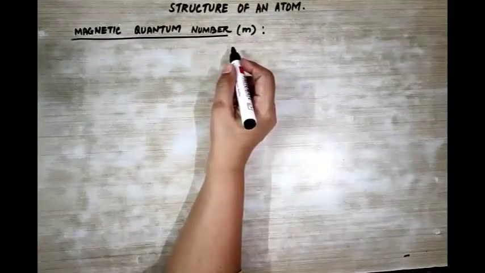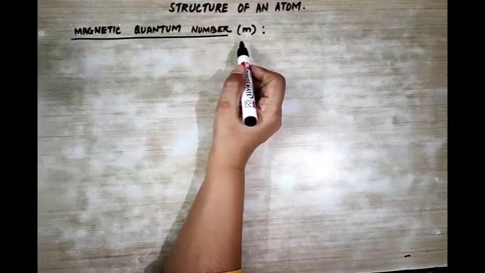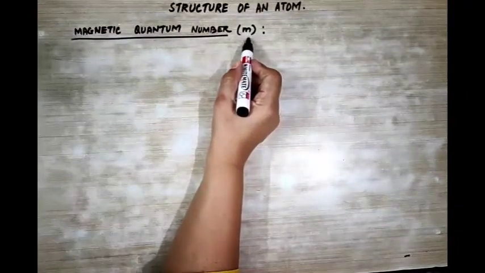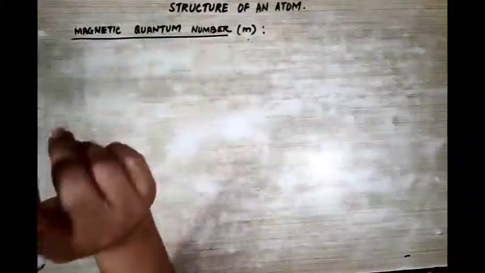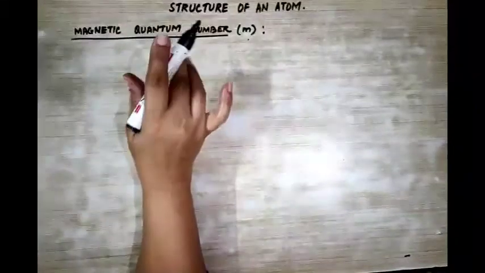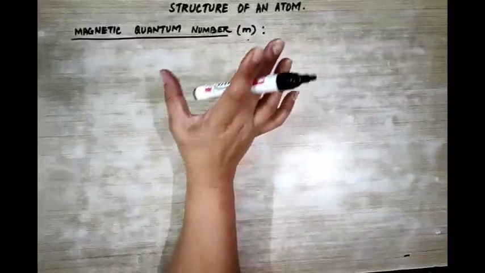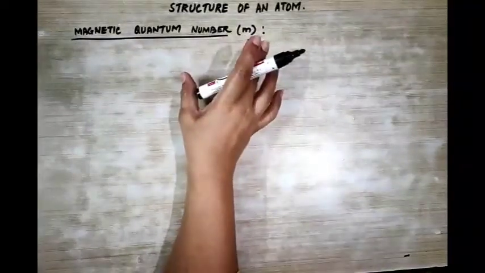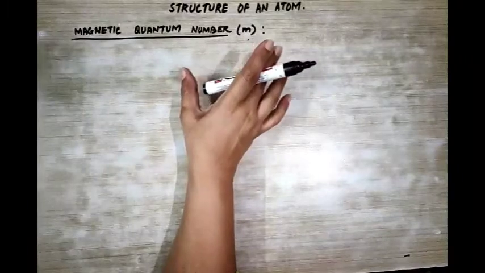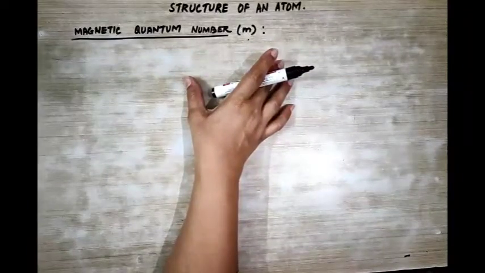This magnetic quantum number is designated by the symbol m, to explain the splitting of a single spectral line into a number of closely spaced lines in the presence of a magnetic field. This is called the Zeeman effect. Followed?